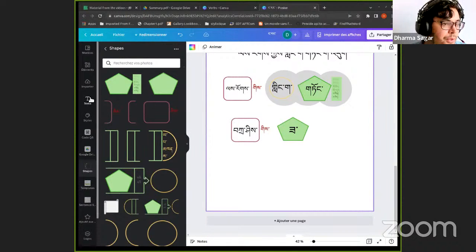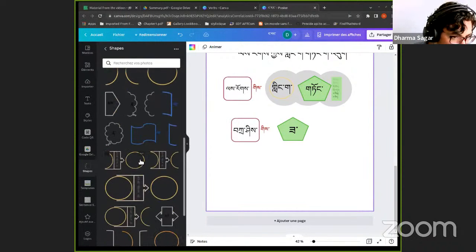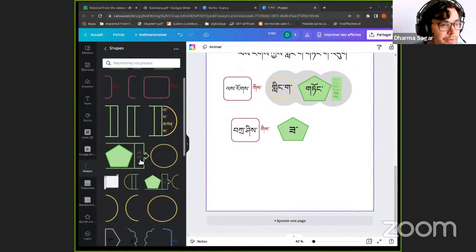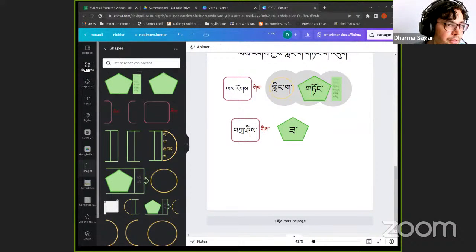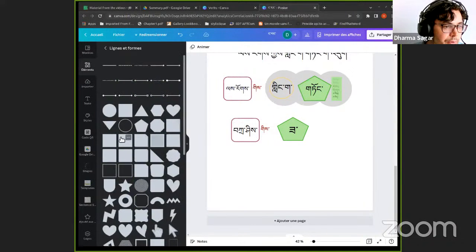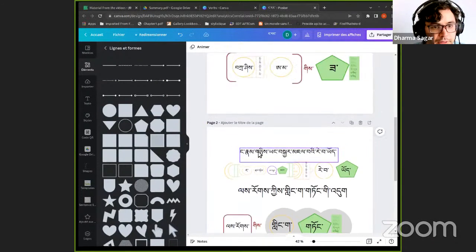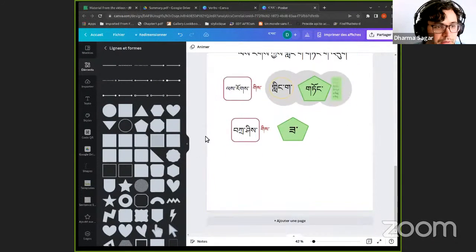I don't have a shape for that as for now, but yeah, just put a square.